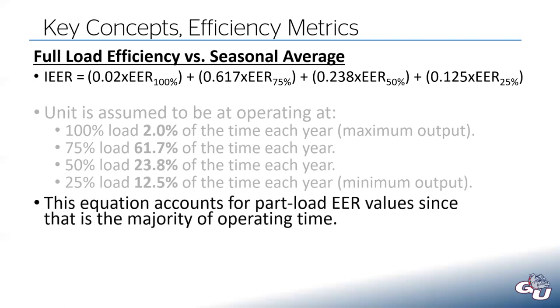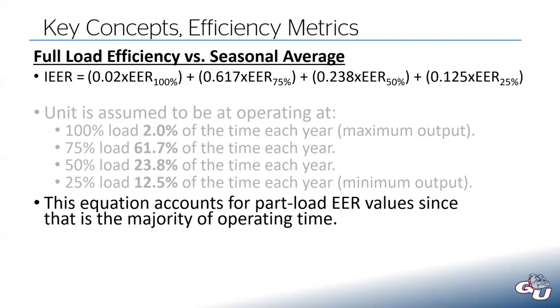And so this equation allows them to account for these part load EER values, since that's the majority of the operating time. So this equation is saying that we understand this unit 98% of the time won't be operating at full load conditions. It'll be operating at some part load condition where it's probably going to be more efficient.